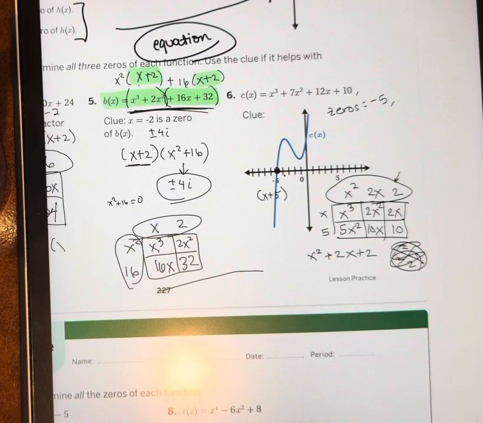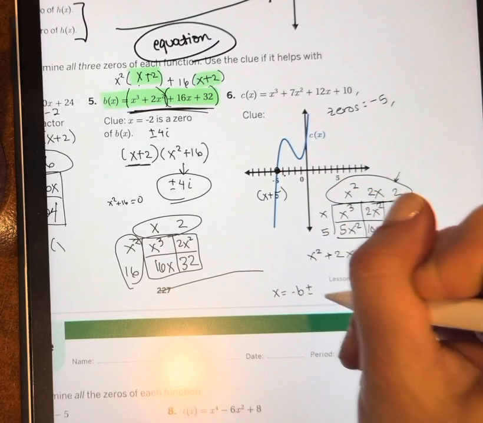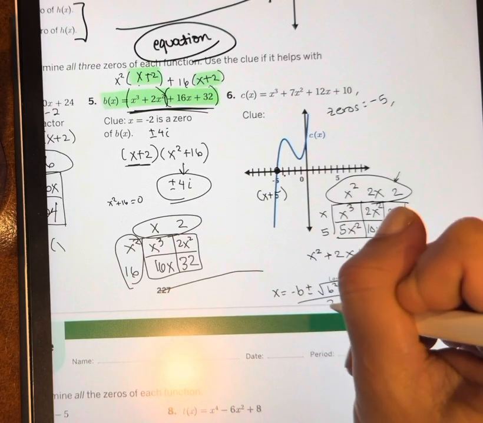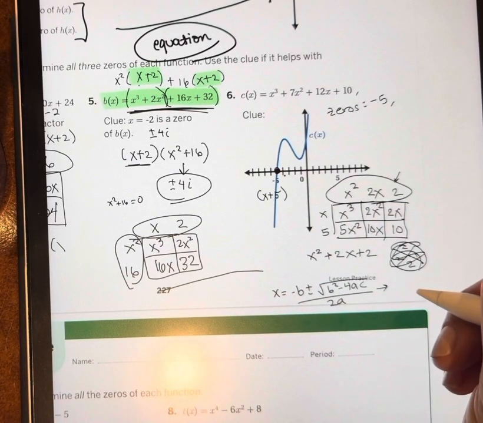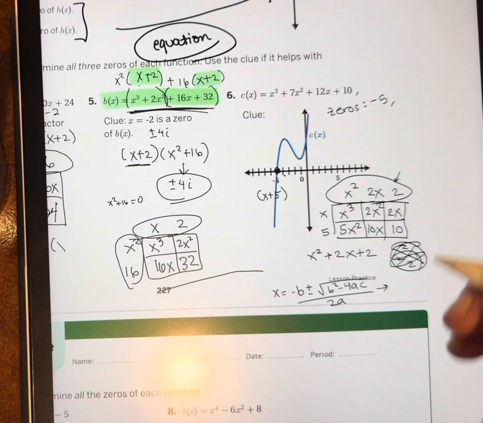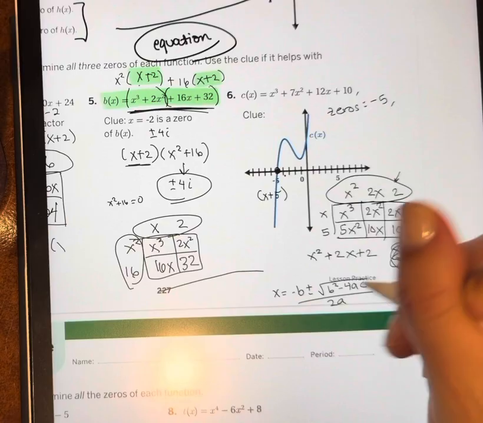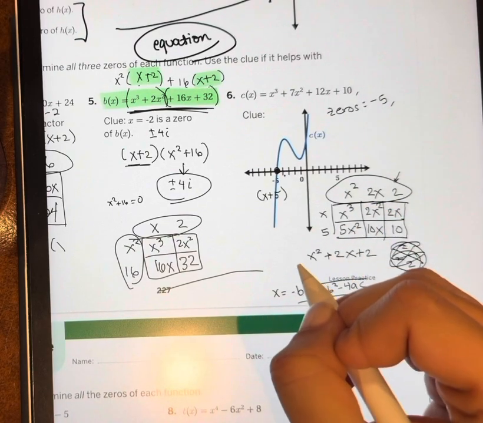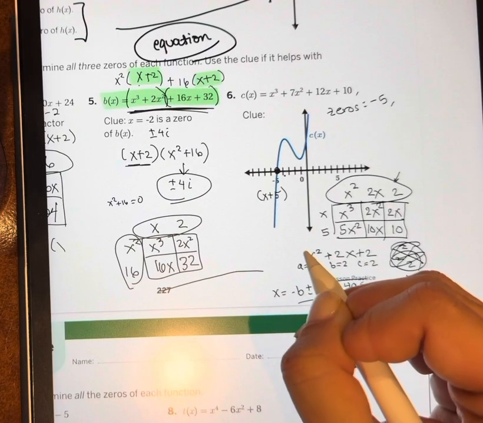So we've got to go to the quadratic formula here, all right? x equals -b plus or minus the square root of b squared minus 4ac, all divided by 2a. And then we plug everybody in. Please remember a is 1, b is 2, c is 2, okay?